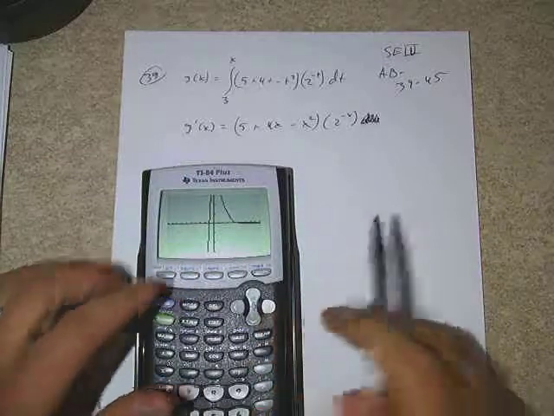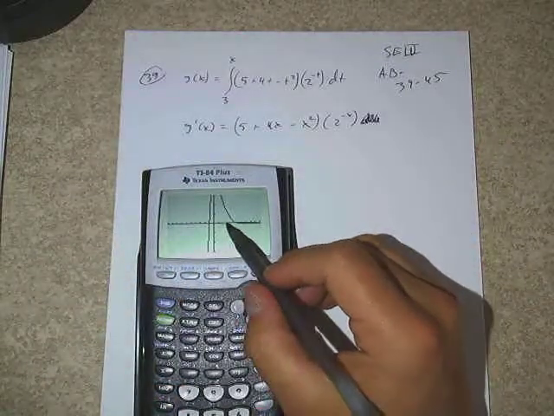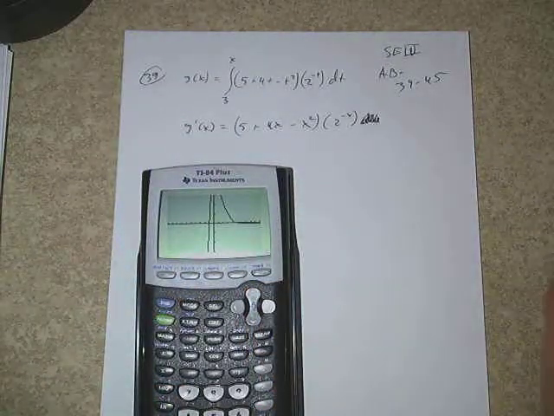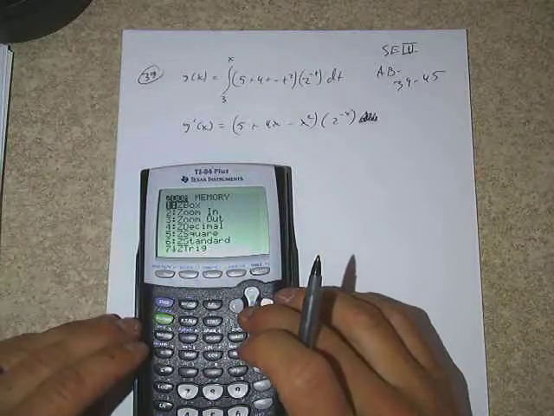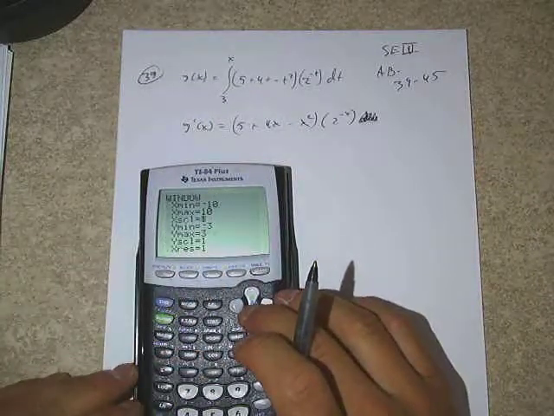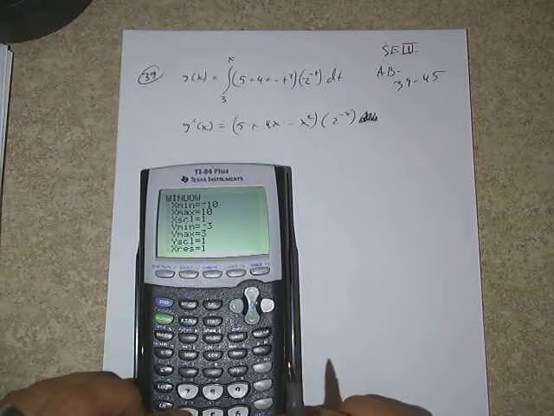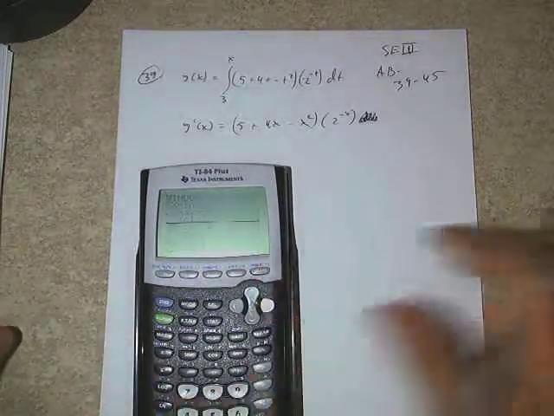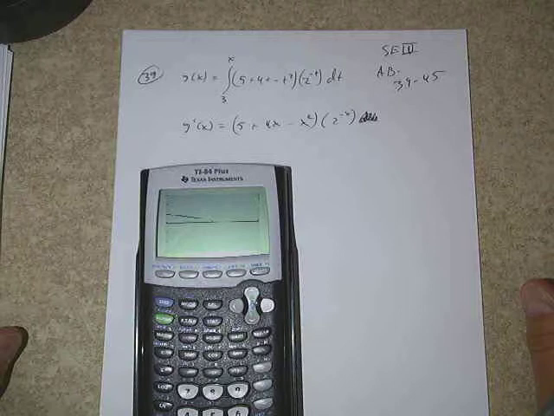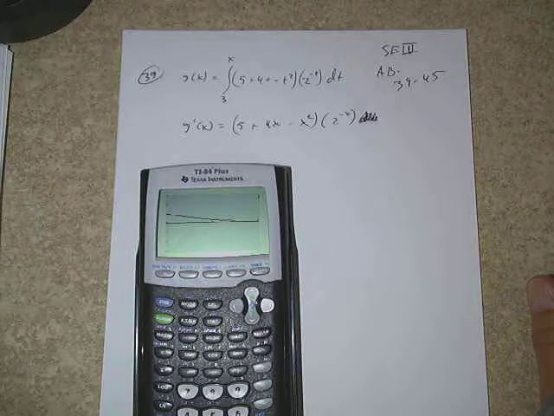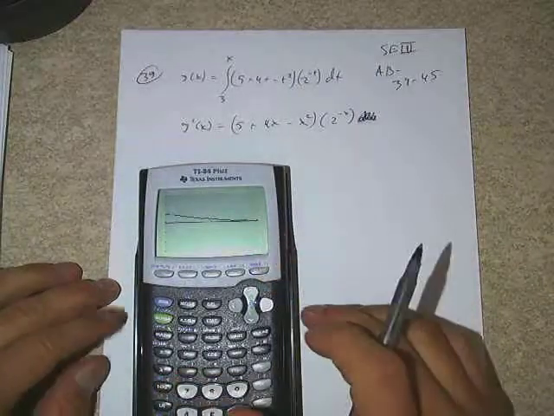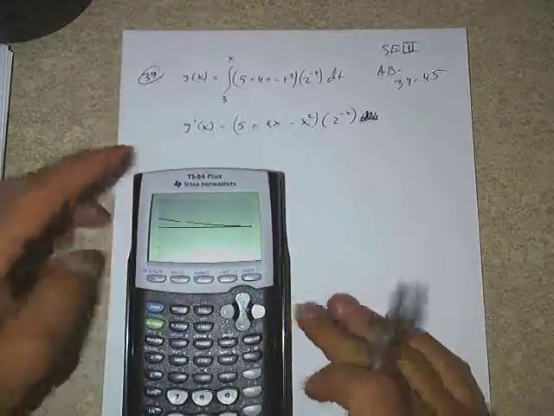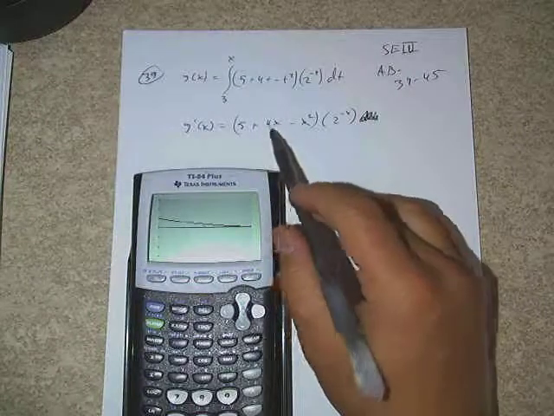Okay, so it looks like between 3 and 5, 3 being right here and 5 being right here, does that appear to be positive? So let's go more specifically on 3 to 5 itself.